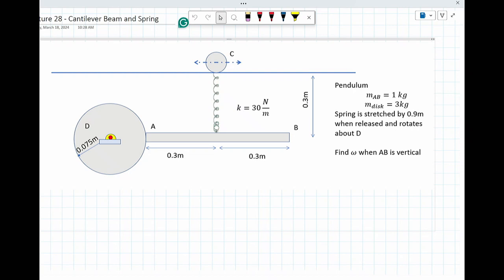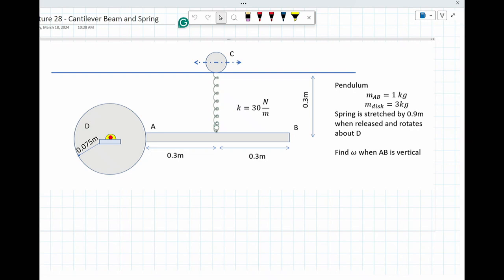The mass of the disc is 3 kilograms, and the spring is stretched by 0.9 meters when released and rotates about D. Find omega when AB is vertical.